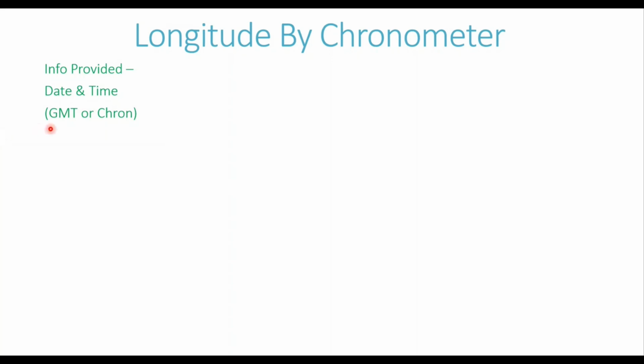The time may be given as GMT straight away, or they may give us the chronometer time. Obviously, if the time is given as chronometer time, it will have the chronometer ambiguity, and we will need to resolve the chronometer ambiguity.